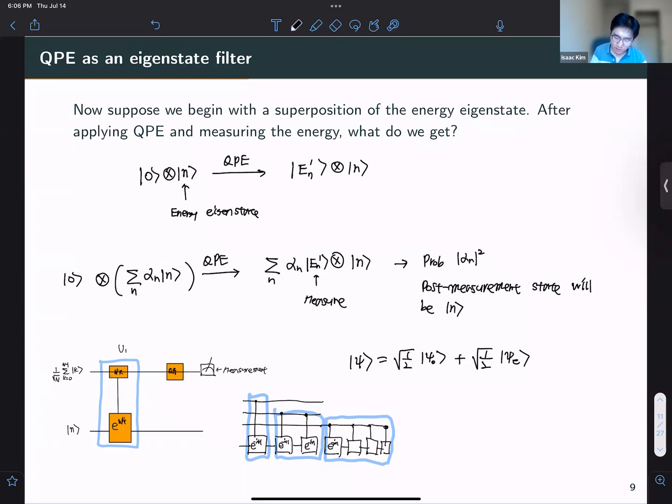And I'm going to show you one example later, but one very trivial example would be some Ising model.